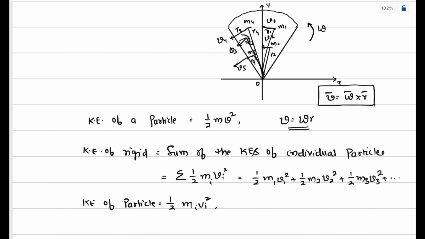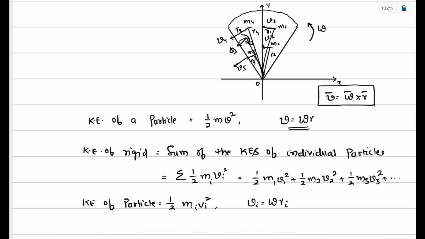But velocity of each particle v_i is equal to omega r_i. Omega, the rotational angular velocity of the rigid body, is the same for all the particles. It is not changing. Radial distance is changing for each particle, as you see, R1, R2, R3, but omega is not changing. For the whole body, omega is the same.